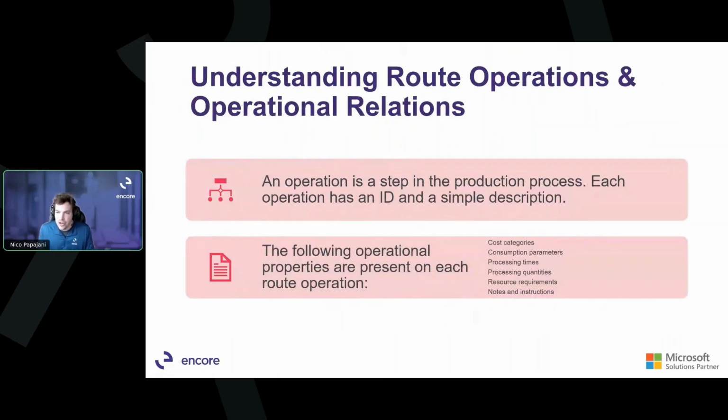So let's just talk about what resources are required for each route operation. To make a very simple route, there are no resource requirements that are required. You can simply say, I want to build something, but I'm not sure what I'm required to do on my operational route steps.